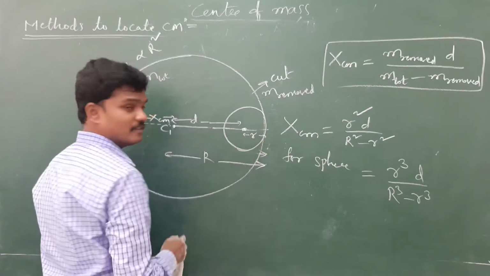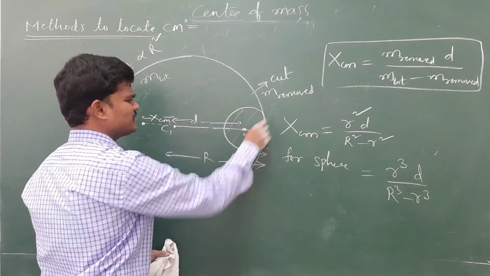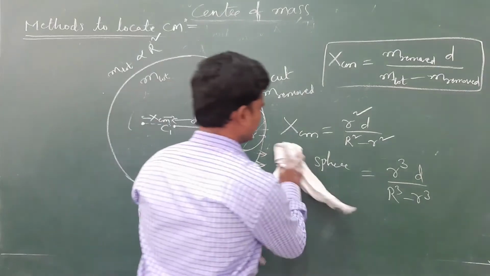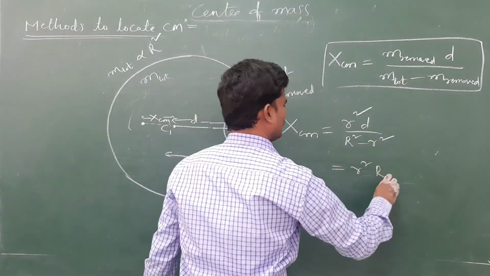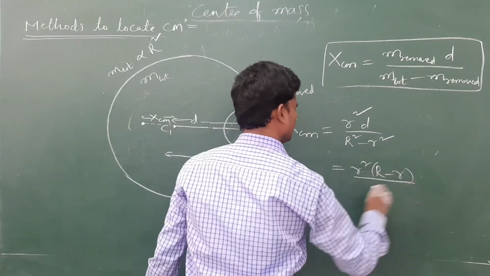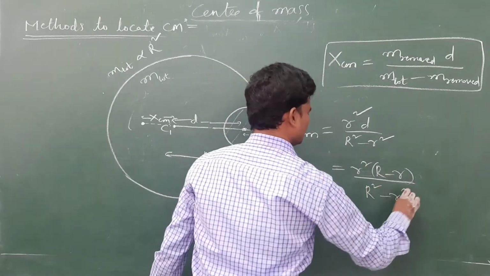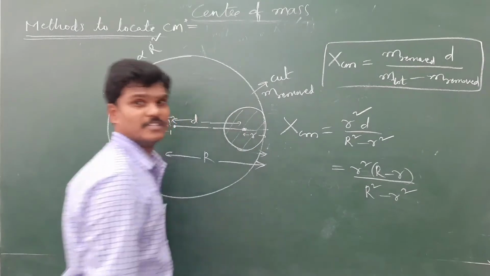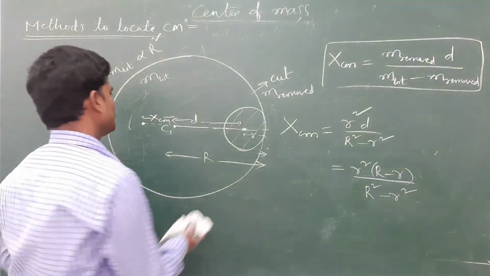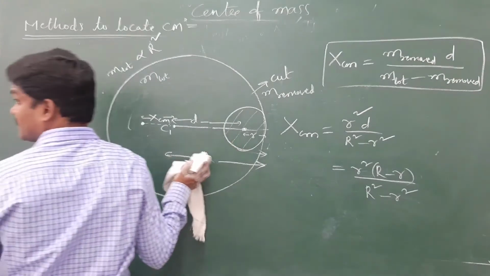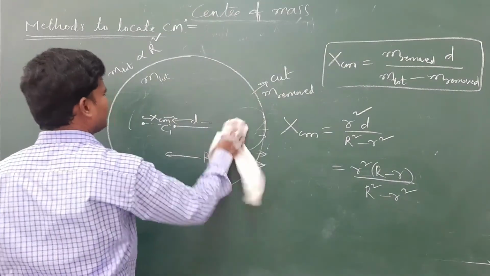If a small portion is cut at the edge of the circular disc, then this is r squared, R minus r, over R squared minus r squared. So you can write a square minus b square as a plus b, a minus b, and you will get it. Okay.